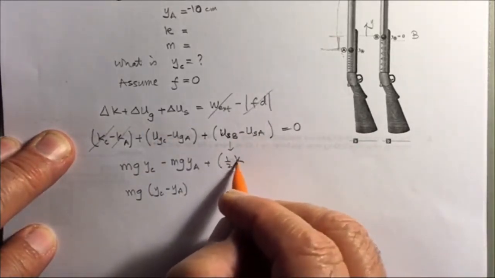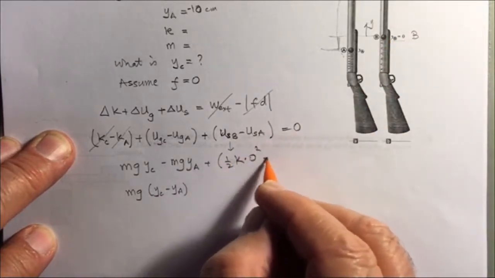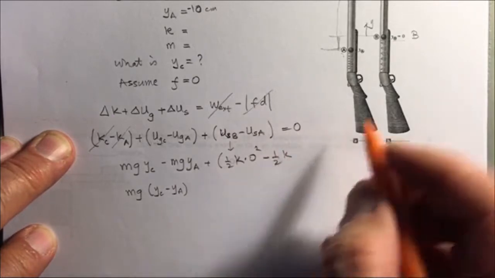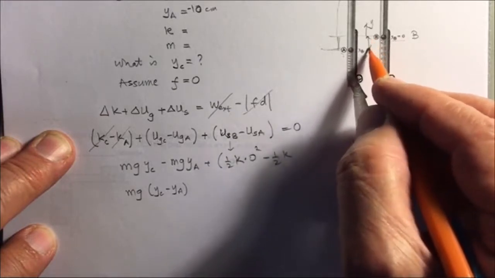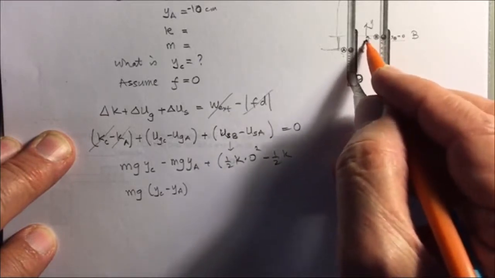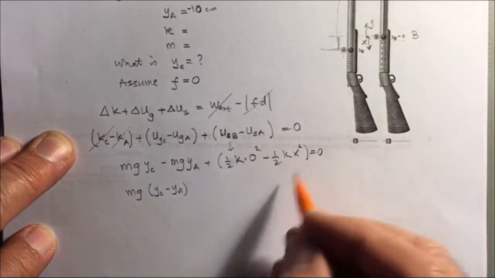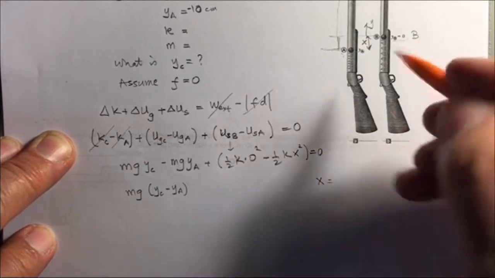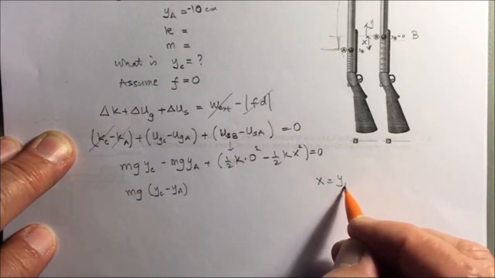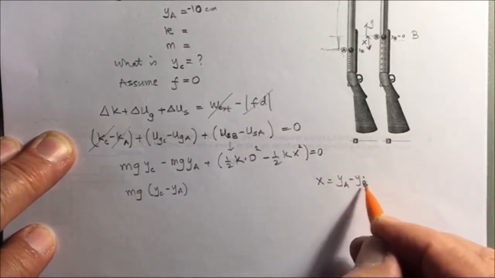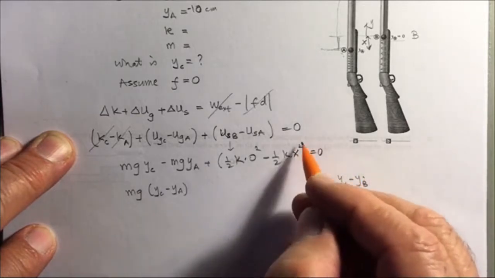or you can write it as half k, and the x position at B is going to be 0, half k of the spring, and that's going to be this distance from here to here. That's how much the spring is compressed. So let's write it as x squared, where x is going to be y final minus y initial, B. So it's just yA negative, but when you square it, it doesn't matter.